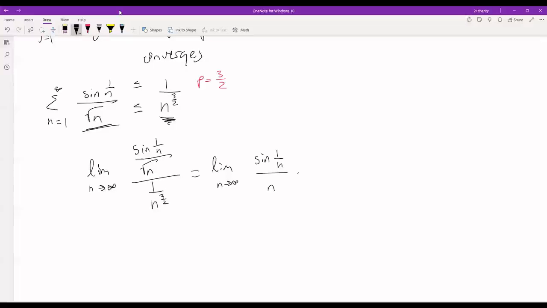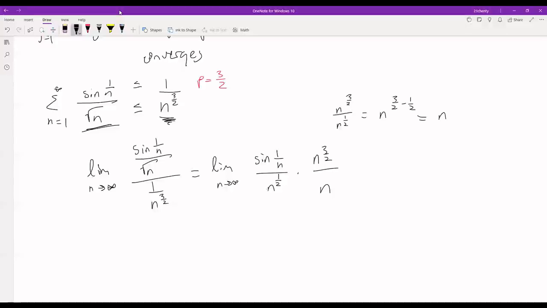And I'll write this as n to the 1/2 just for this step, because we can see that n to the 3/2 divided by n to the 1/2 is just n, equals n to the 3/2 minus 1/2 equals n to the 2/2, or just n to the 1, or n.